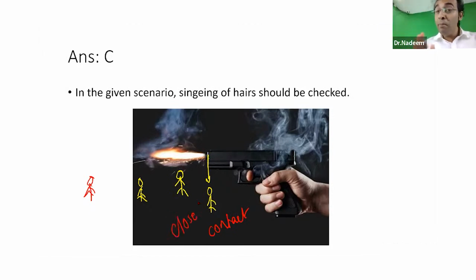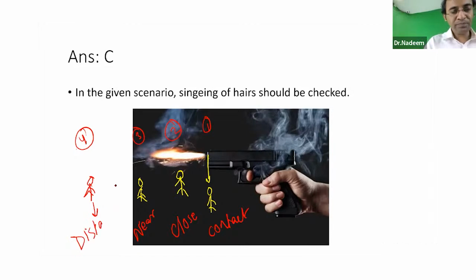Beyond the range of flame but in the range of gunpowder, this is near range. Now, this is victim number 1, victim number 2, victim number 3, victim number 4. And beyond the range of flame and gunpowder, he will be considered at the distant range.